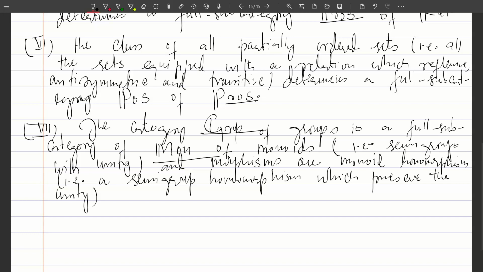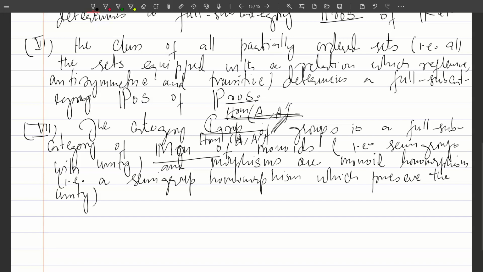Similarly, if we look at two objects here, say A and A prime, which are groups, and we look at the hom-set between these two objects in MON, then they are precisely the same, because every group homomorphism is also a monoid homomorphism.